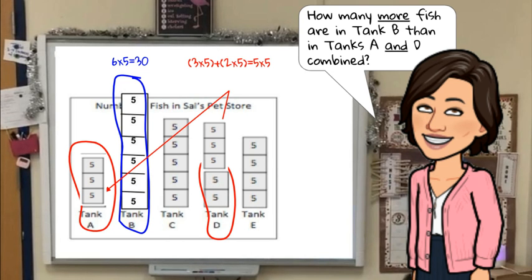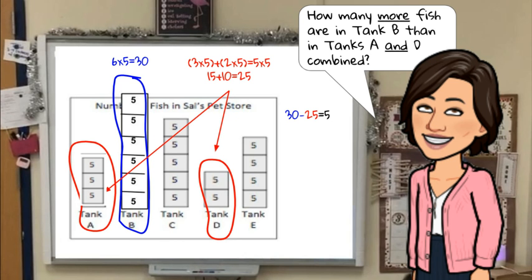So I wrote it as the distributive property, so you could see 3 groups of 5 plus 2 groups of 5 equals 5 groups of 5. But you can also just count 5 times 5. I have it both ways so you can see both strategies. 15 plus 10 equals 25. 5 times 5 equals 25. I get the same answer, just doing it 2 different ways using the same data.